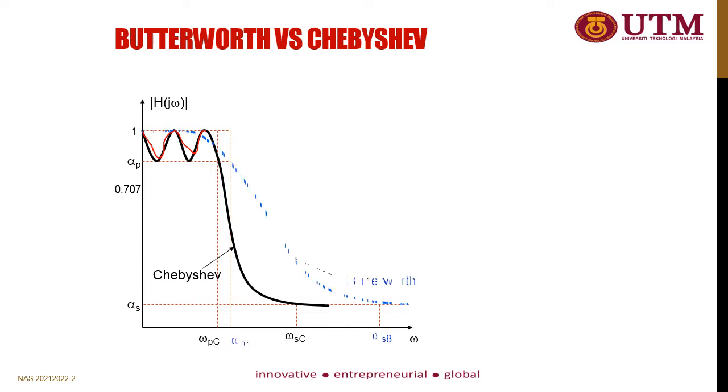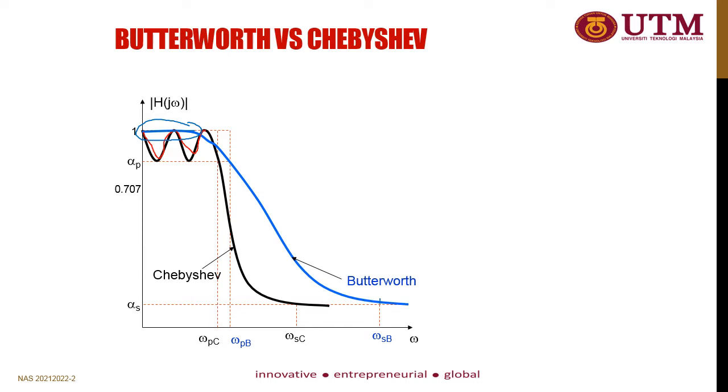Compared to that, the Butterworth filter has a flat top in the passband area. Compared to the Chebyshev, which has ripples, the Butterworth passband has a flat top signal, and then the roll off, the signal drops down a bit slower or more steadily compared to the Chebyshev filter, before it reaches the stop band.